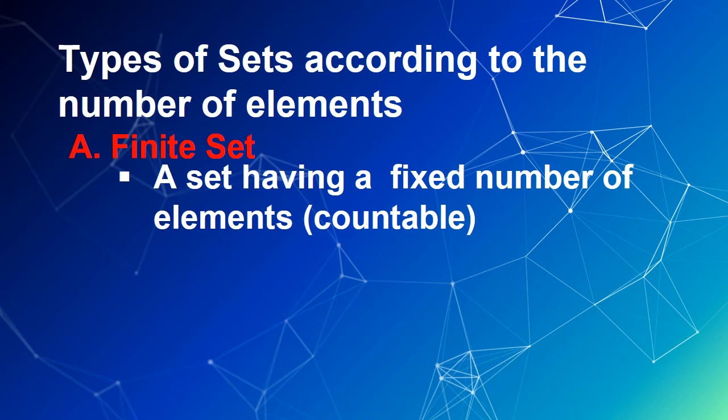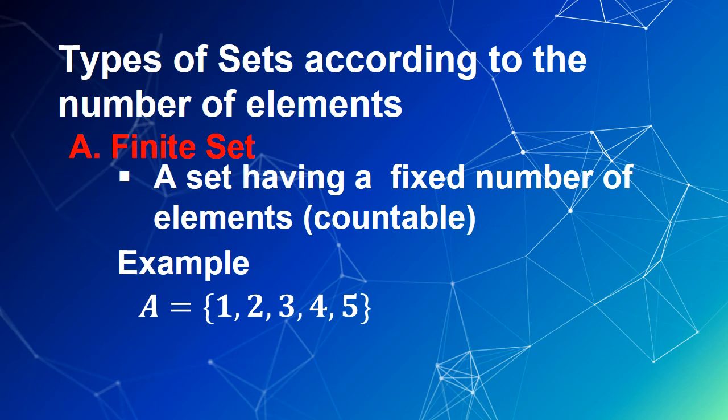All the elements can be written using the roster method or the tabular form, and the elements are counted. You can count them using your counting techniques. Example, we have set A that is 1, 2, 3, 4, 5. As you can see, we have only 5 elements. So this is countable. You can count the number of elements in the given set.